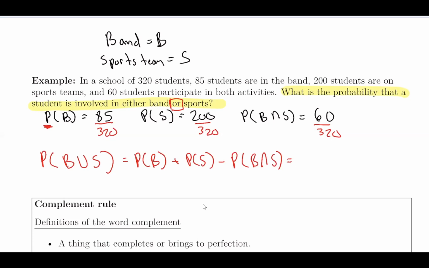So the probability of B is 85 out of 320. The probability of sports is 200 out of 320. Lastly, the probability of band and sports is equal to 60 out of 320.